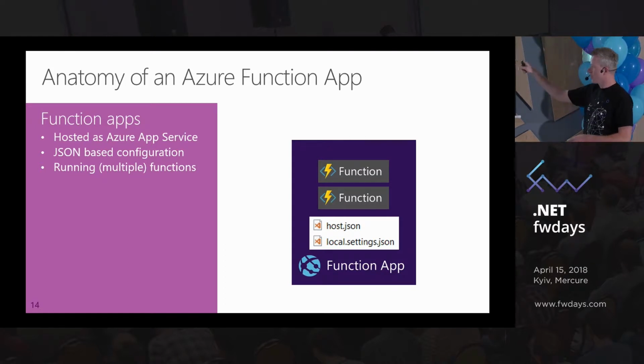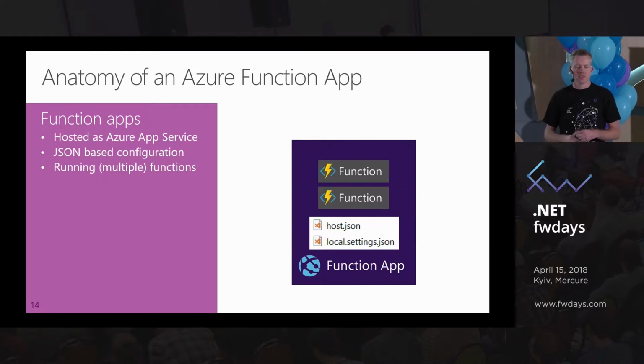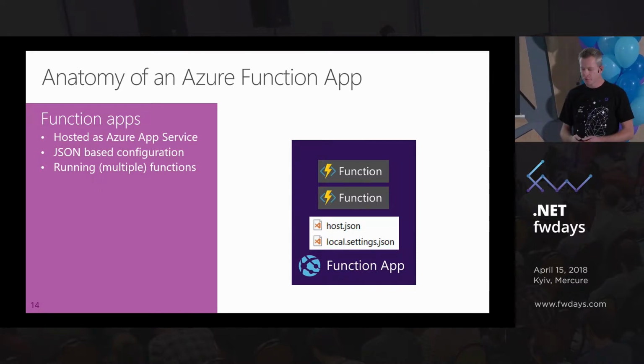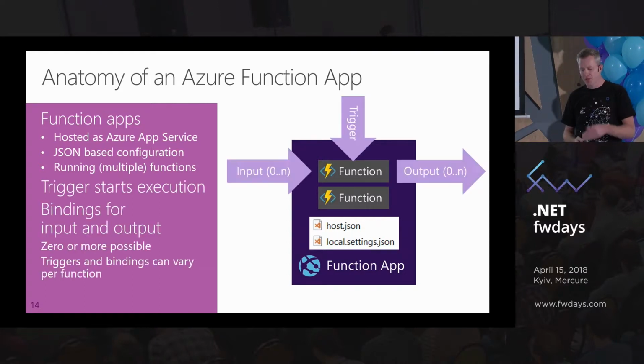If you're developing locally, you'll have a local settings file that represents the settings as they are in Azure. Inside of that running App Service, you'll have one or more functions, all of which are triggered. So there's something happening, and they take input and optionally produce some output. So the input and output are optional. I will get back to that in a bit.